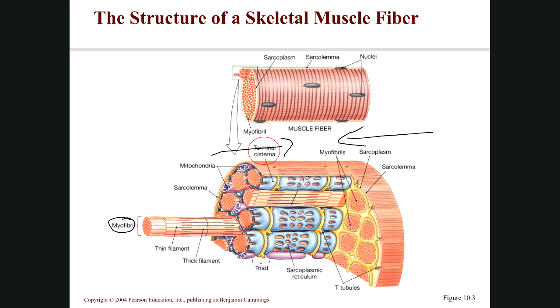The myofibril is made of a repeated row or arrangement of contractile proteins, which is called a sarcomere. This right here would be a sarcomere. Let me give you a better view of the sarcomere.